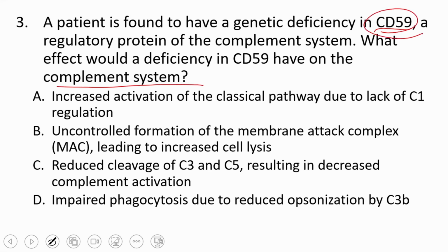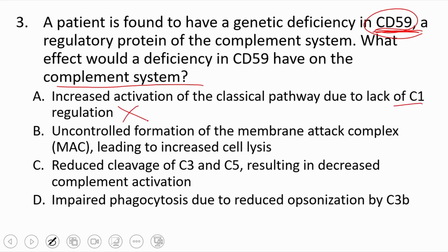If it's deficient, obviously we will expect some abnormality, but what specific abnormality? Increased activation of the classical pathway due to lack of C1 regulation? No, CD59 is more of a terminal pathway control system. So it's not the initiation pathway, and C1 is not the major target.